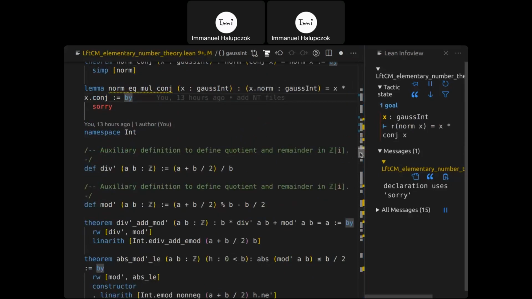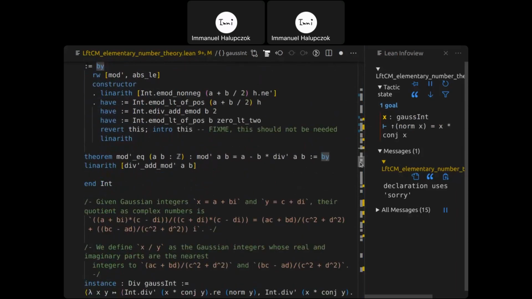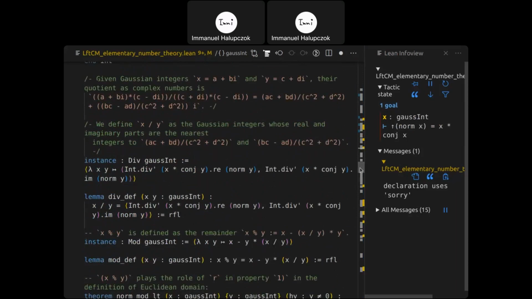Now, for defining this Euclidean algorithm, we already know what the norm function is, but we also need to know what the division is going to be, right? So for that, let me skip this for now. These are some auxiliary functions, but the idea is the following. Whenever we have 2 Gaussian integers, we can divide them as complex numbers, right?